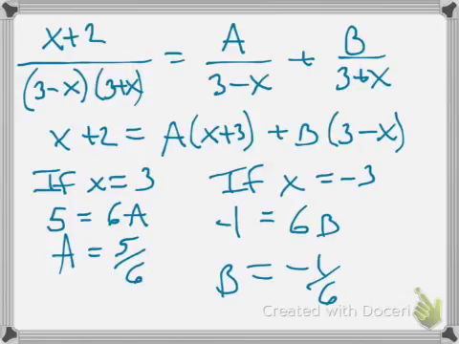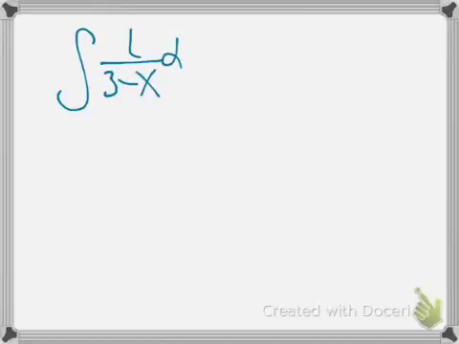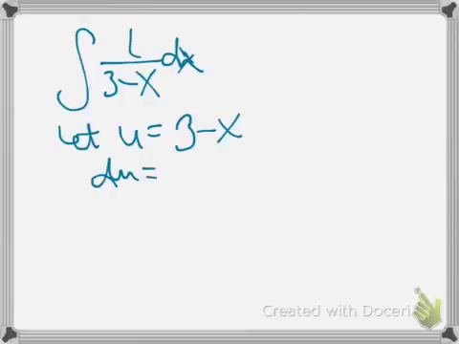In case you wanted to see that, let's just isolate if we were finding the antiderivative of 1 over 3 minus x on its own. The substitution would look like this. We would let u equal the quantity 3 minus x. du would be equal to negative dx.